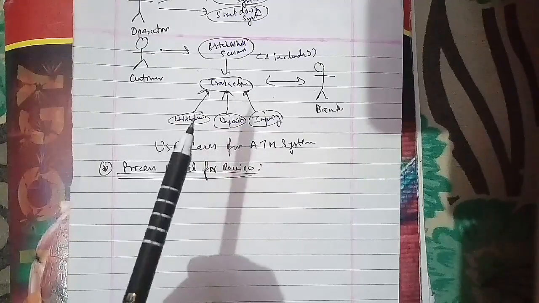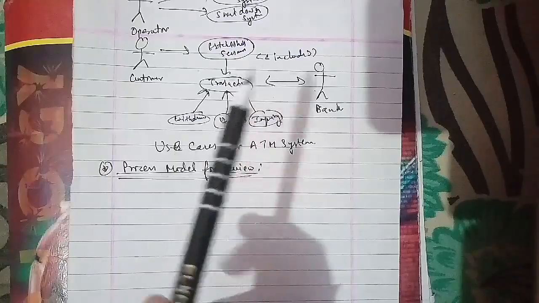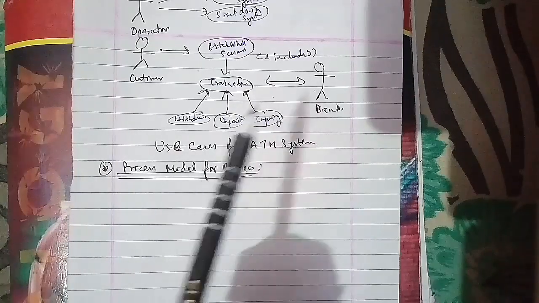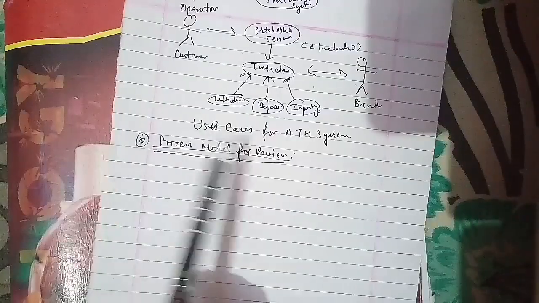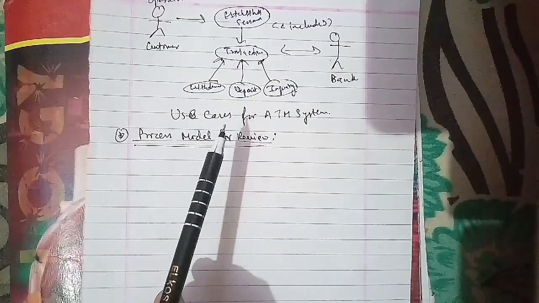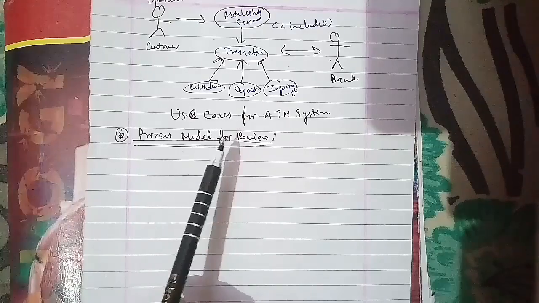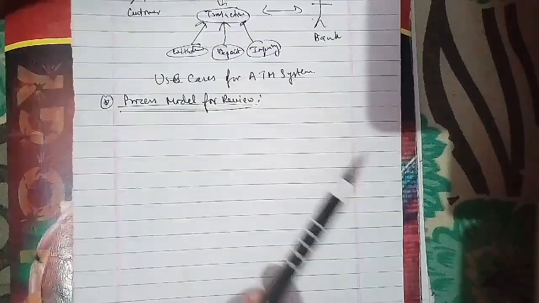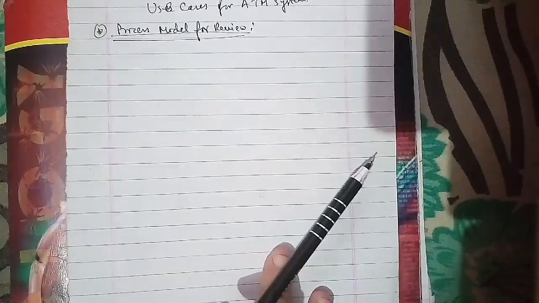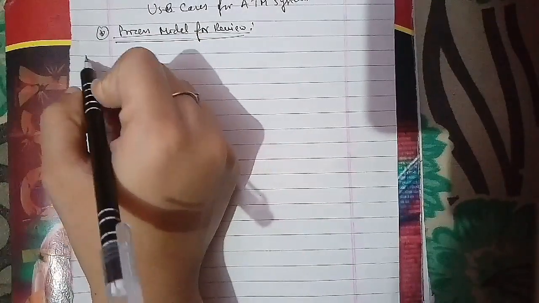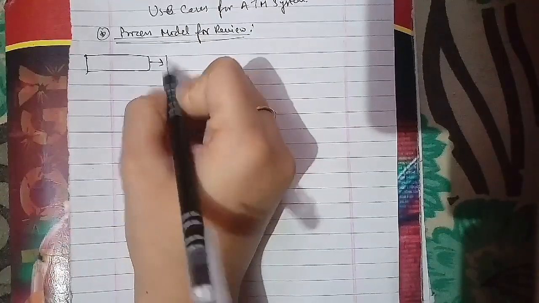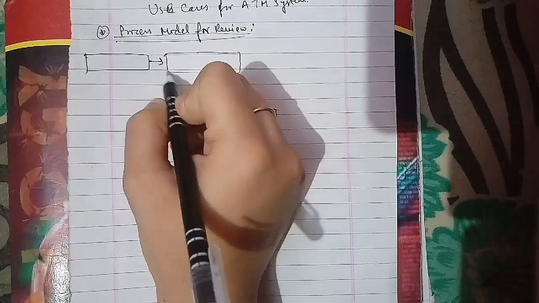This is what we have as the process model for review. In this, first we have plan review.